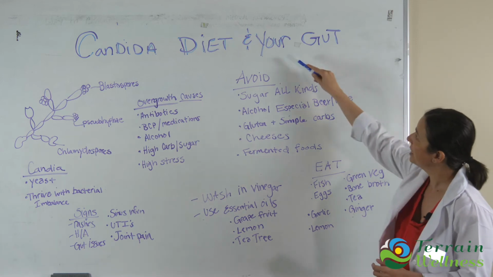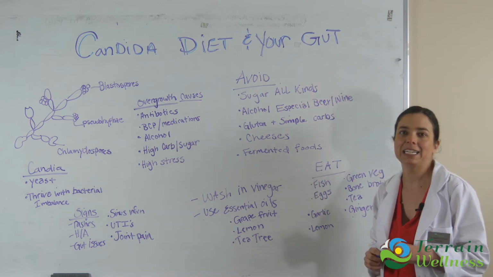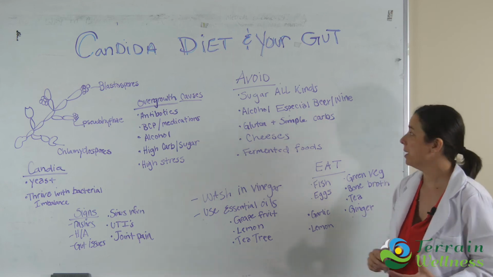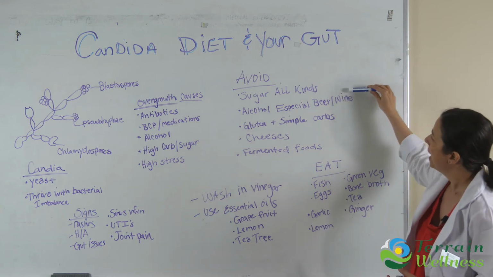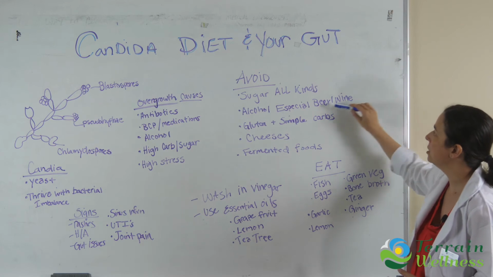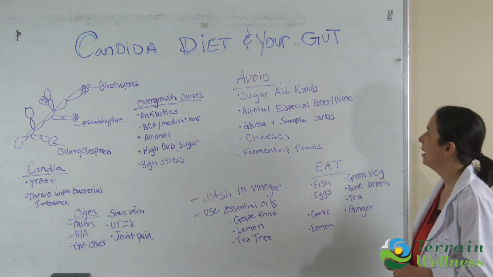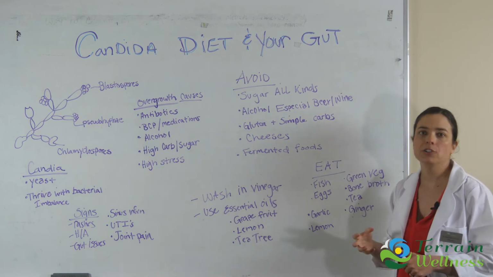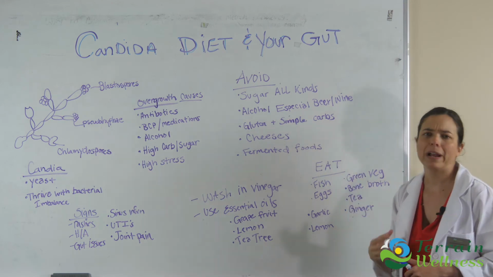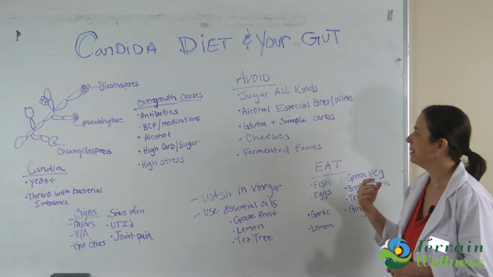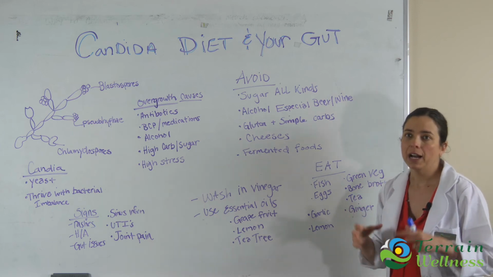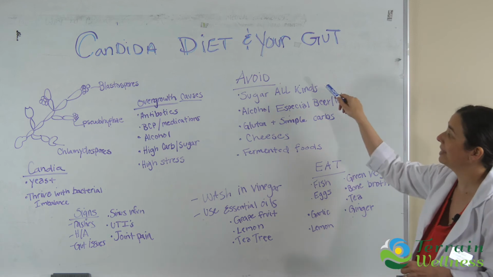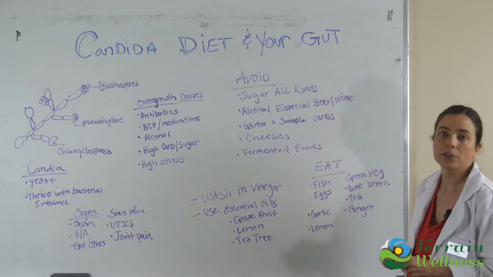And usually with a strict Candida diet, it's about 14 days, sometimes up to 3 weeks that you want to be doing this. Alcohol, especially beer and wine, those are very highly fermented. Gluten and simple carbohydrates, again, white pastas, breads, crackers, even those gluten-free bagels are really high in sugar and high in carbohydrates. So when we're dealing with Candida, that's a whole other story.